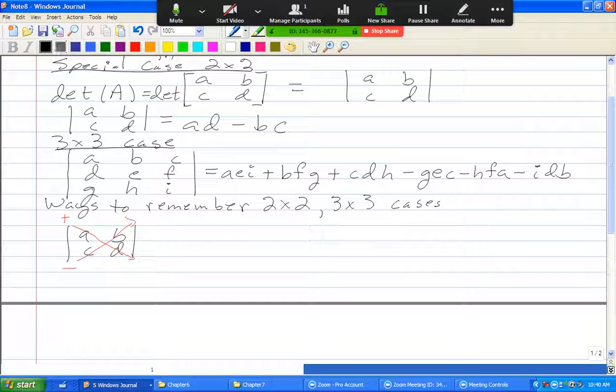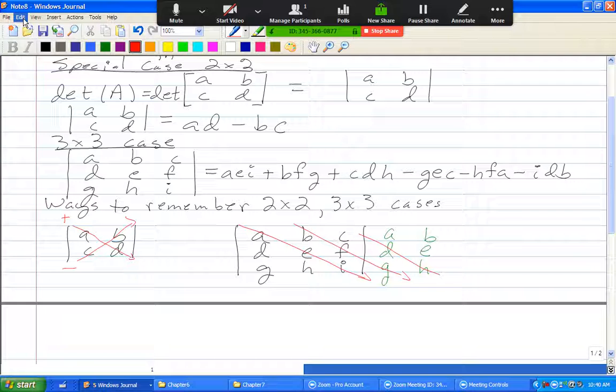Or for the 3 by 3 case, you would repeat the first 2 columns, and you would multiply this way.